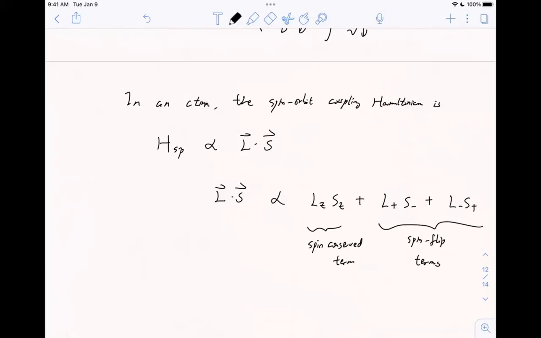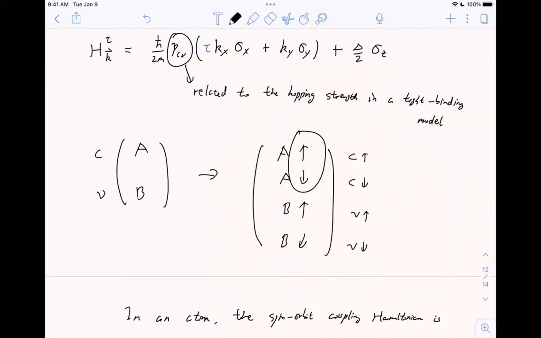In this system, if you neglect the spin flip term, then spin up and spin down are good eigenstates. The spin-orbit coupling will only contribute this term, and then it's a good eigenstate. But generally, the spin up and down that I write here is not correct.